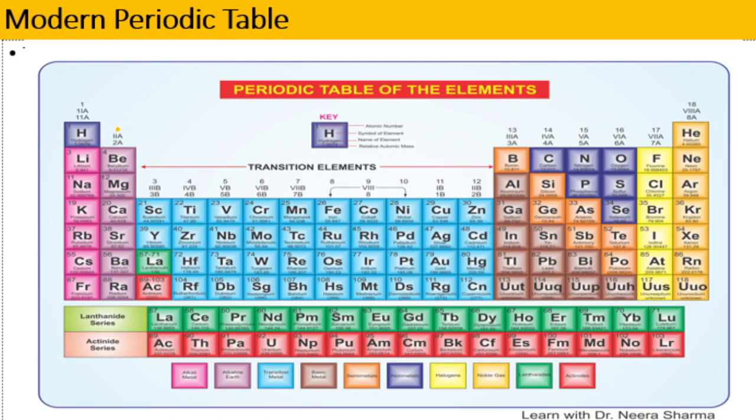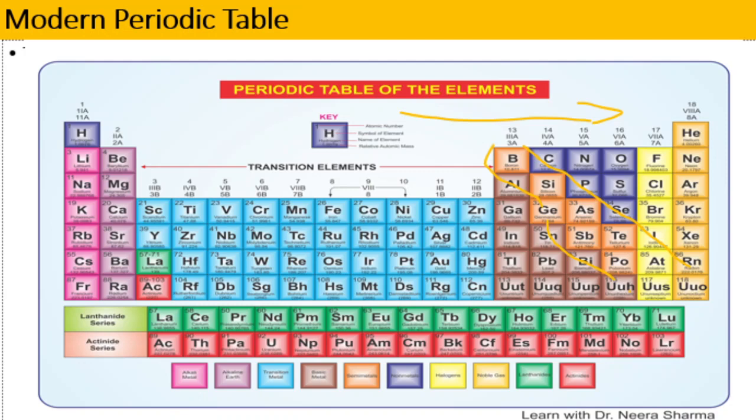So elements which are on the right side are more acidic than elements which are on the left hand side. On the left hand side they are less acidic or basic, and in between we have elements which are amphoteric in nature.